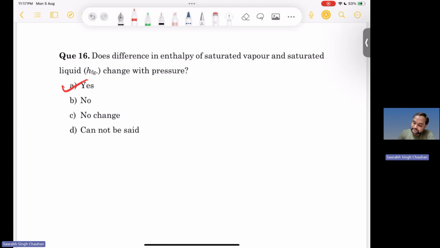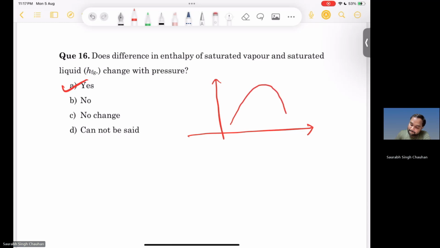If you check this saturation curve, or any steam table, then you will find that this difference in enthalpy of saturated vapor and saturated liquid depends on pressure.